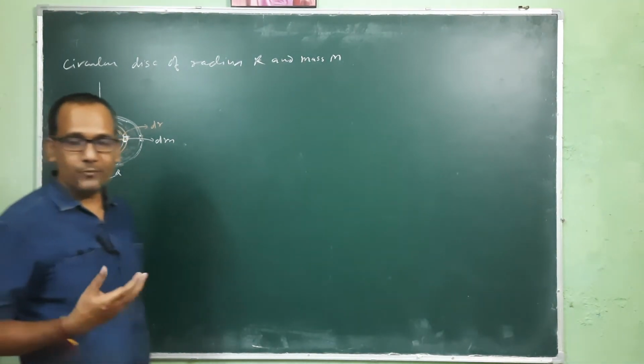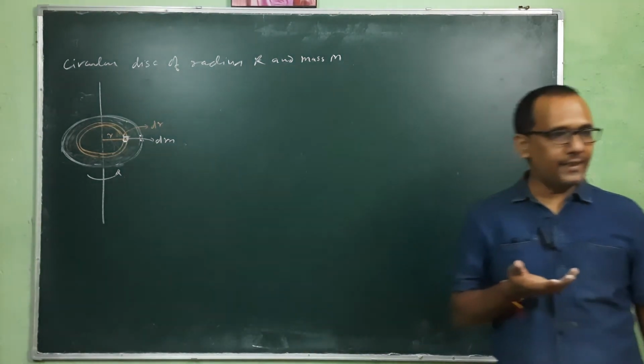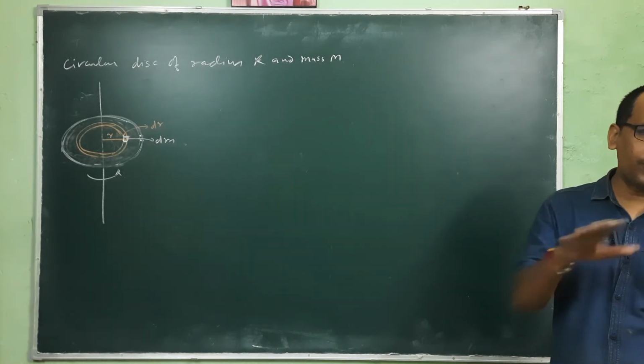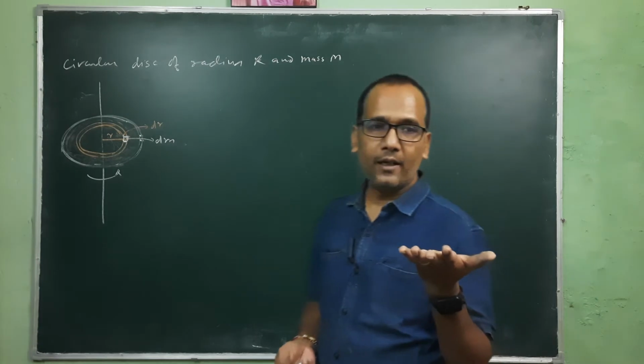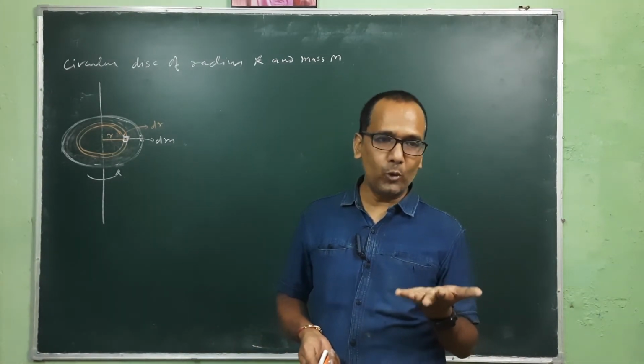Since the mass is uniformly distributed, first of all we have to calculate the density. Previously we used the same concept: when mass is distributed, we talk about density, divided into linear density, surface density, and volume density.